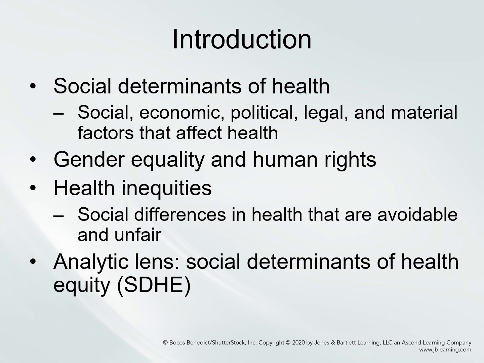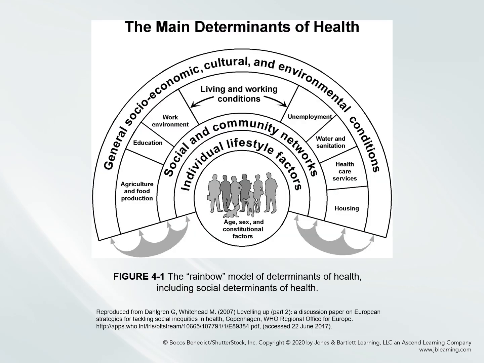Chapter 4 includes several important definitions and provides a few figures that you may find useful. This is the first example where multi-level social and environmental determinants are illustrated with healthcare services included as only one intermediate level factor, along with housing, water, sanitation, and other factors. There are other useful figures in this chapter as well.